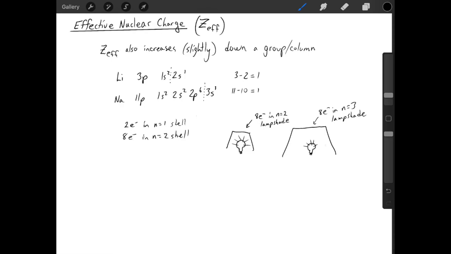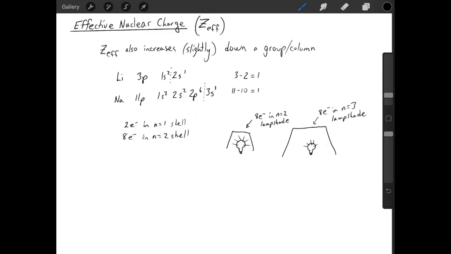If you look at the example on the right, you can see that the lampshade representing the n equals 3 s and p shell is much larger. It still has 8 electrons in it doing the screening, but those 8 electrons are stretched far thinner. They're much less effective at screening the charge. And because that screening is less effective, the valence electrons are going to experience a slightly bigger effective nuclear charge.